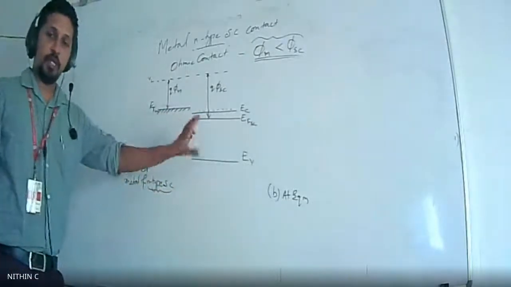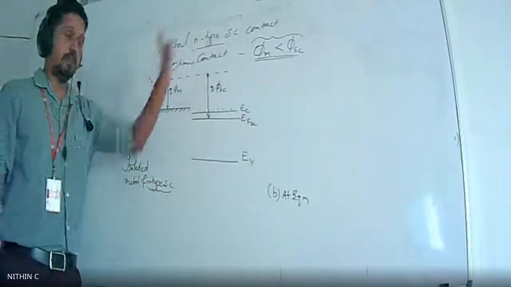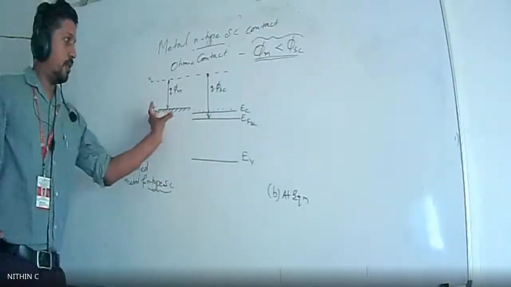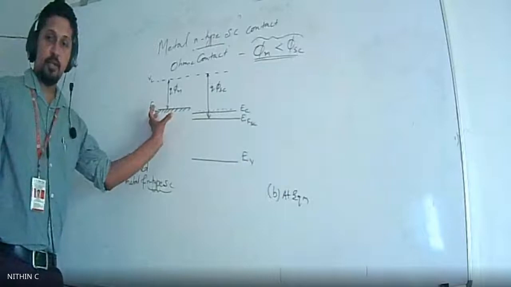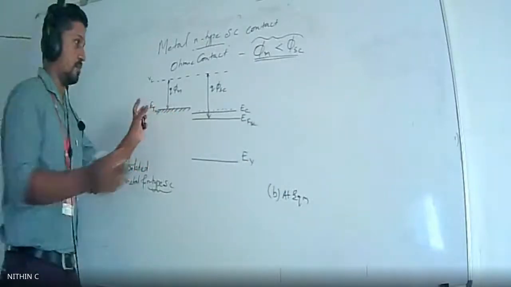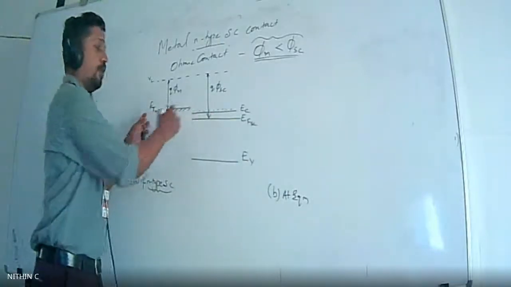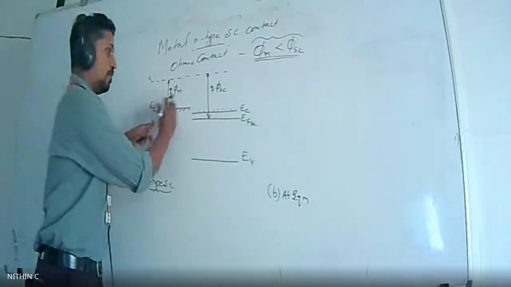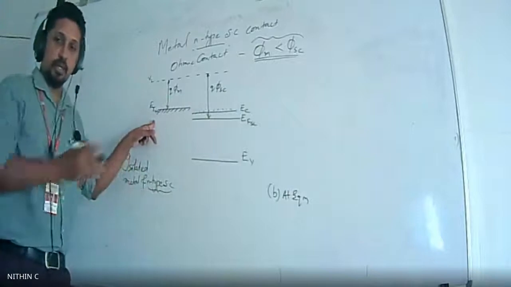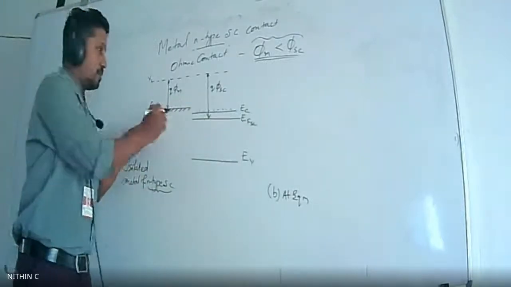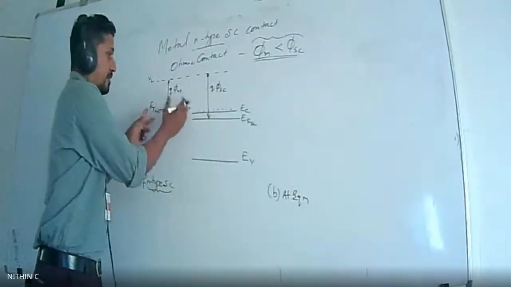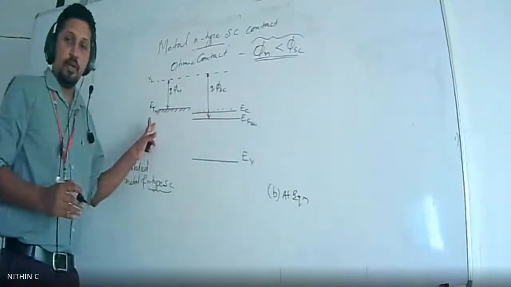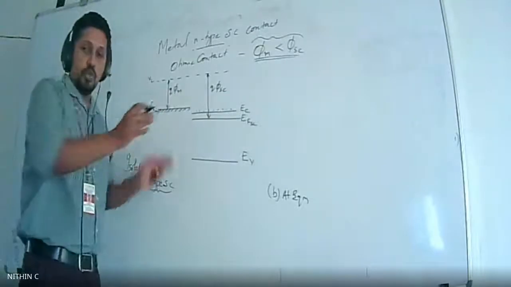Metal also has plenty of electrons, so these electrons can freely move when we join the two. Electrons will move this way. It's not actually recombination, it's a gradient transition. So the electrons present in the metal can easily move towards the semiconductor side when these two materials are joined together.